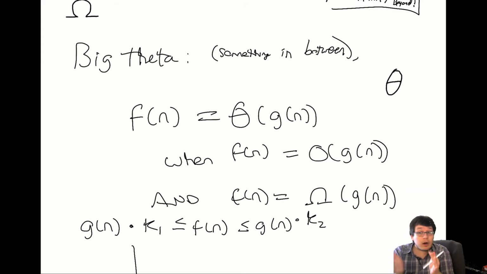Now, there are some algorithms where big O, big omega, and big theta are all the same exact function. Bubble sort, there you go. Bubble sort in the inefficient way is O(n squared) for big O, big omega, and big theta. There are other algorithms where big O and big theta are typically the same thing, and big omega is different. That happens a lot.